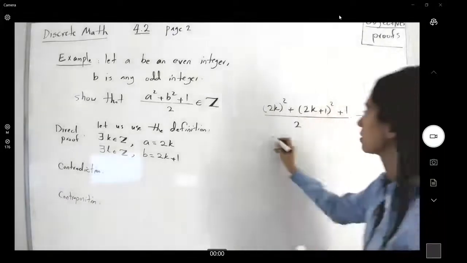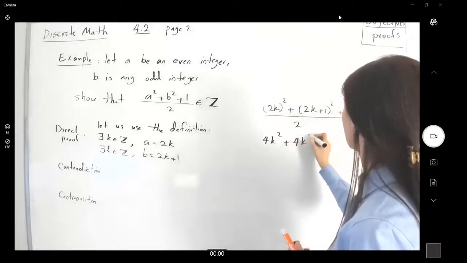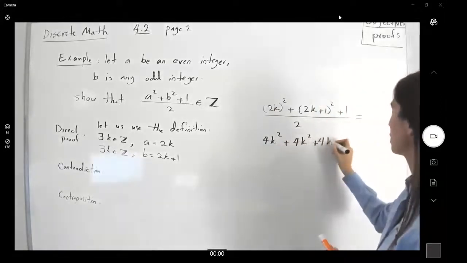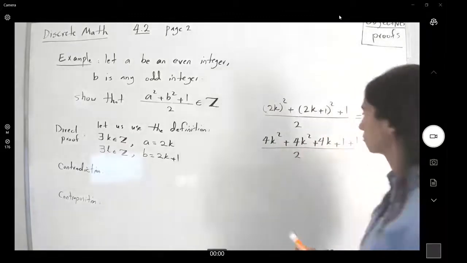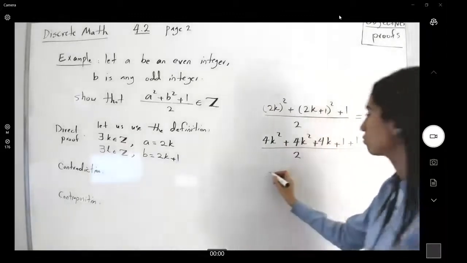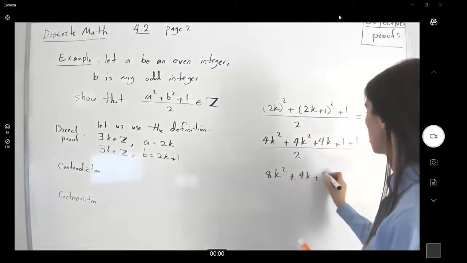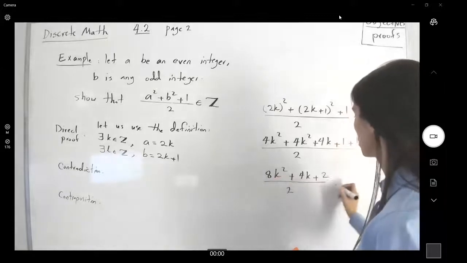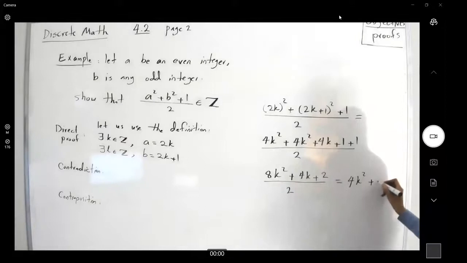Very well. So I have 4K squared plus 4L squared plus 4L plus 1 plus 1, so 4K squared plus 4L squared plus 4L plus 2, divided by 2, which can be simplified into 2K squared plus 2L squared plus 2L plus 1.